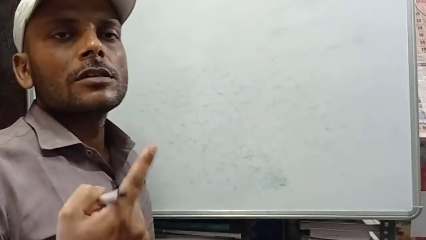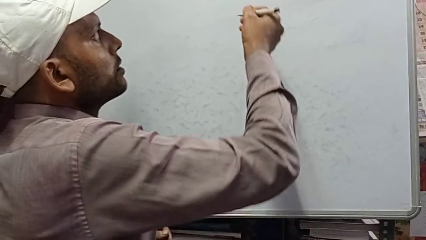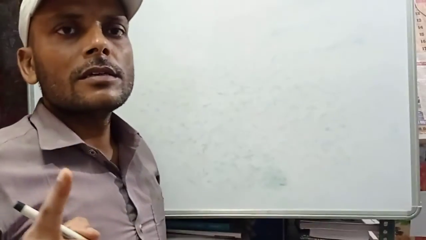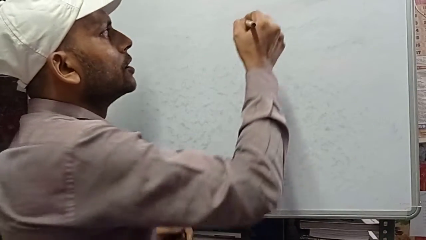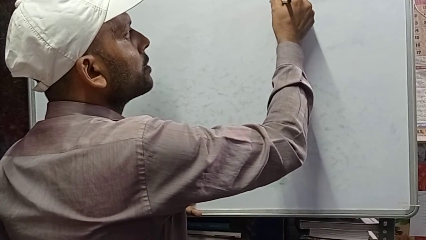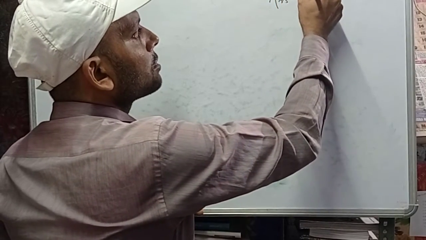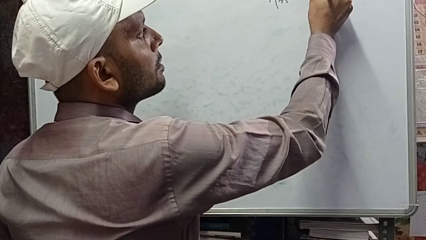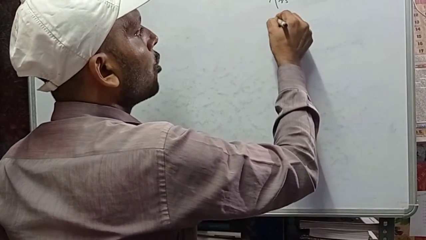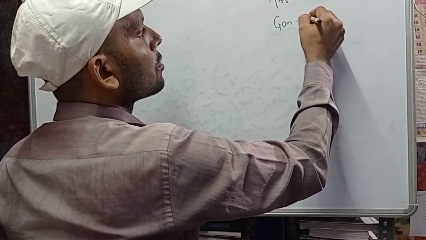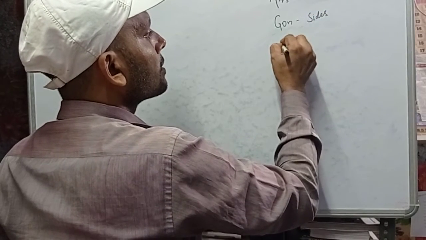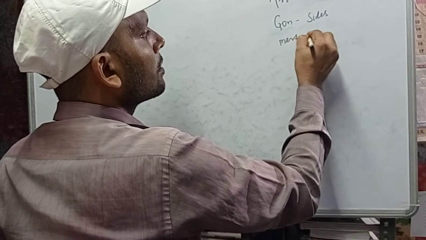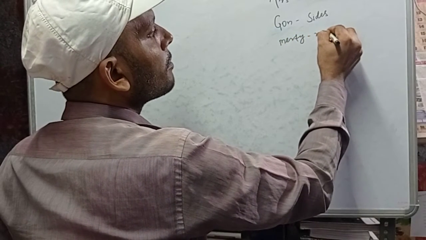This topic is trigonometry. Trigonometry is a Greek word. There are three words included: tri, gon, and metry. Tri is three, gon is called sides, and metry is called measurement.